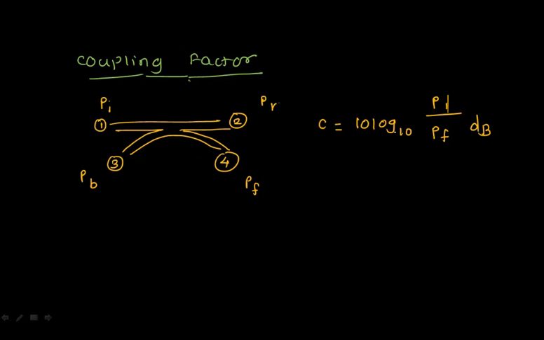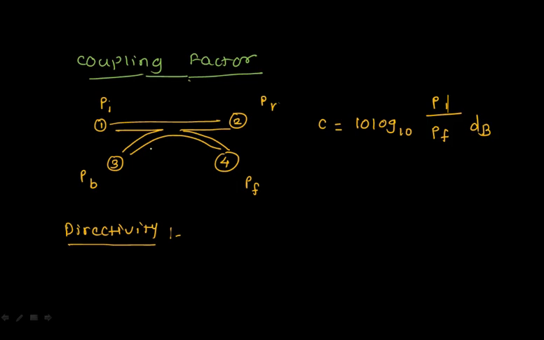So coupling factor is the ratio of 1 and 4. If you are giving something to port number 2, you can take the ratio of 2 and 3. Now directivity. When it comes to the directivity of a coupling factor, how directive? Ideally, this directional coupler must have an infinite directivity.